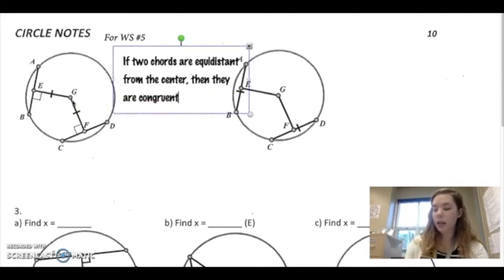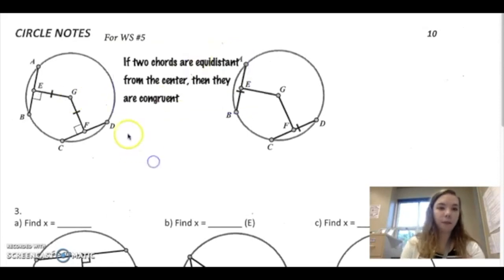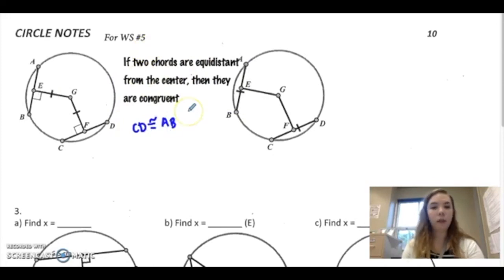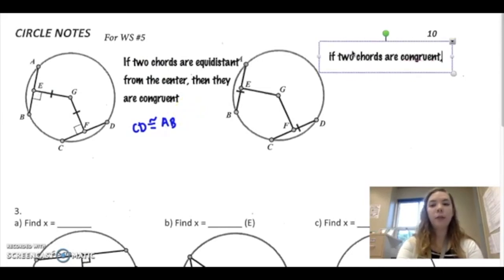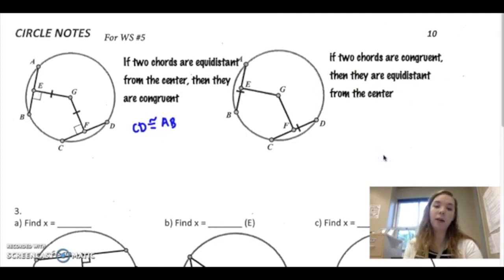Okay, so we're saying that these 2 chords, CD, is congruent to AB. Okay, and then very similarly, but just the opposite, the converse, if 2 chords are congruent, then they are equidistant from the center, meaning that they're the same distance away from the middle. So if you know that these chords are congruent, then you know they're the same distance from the middle.